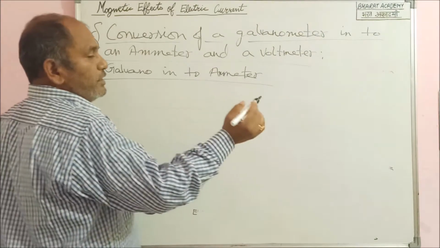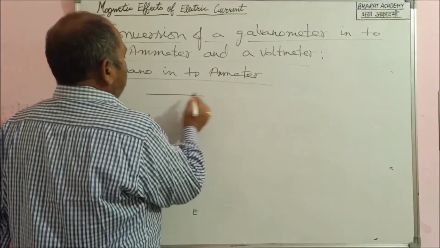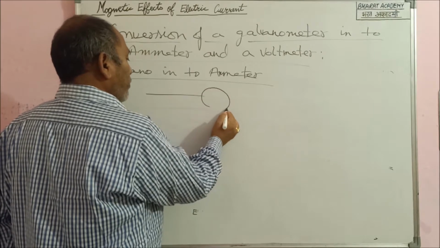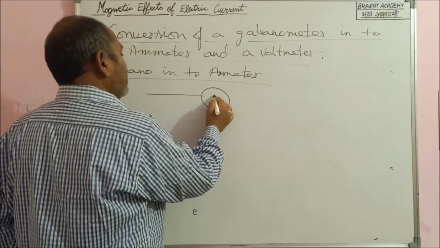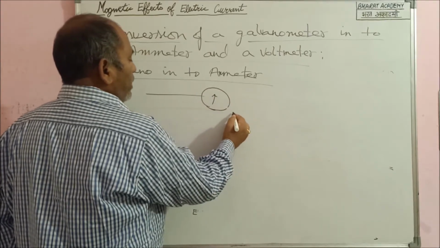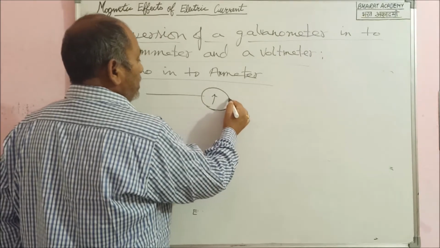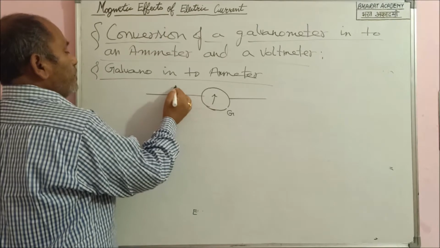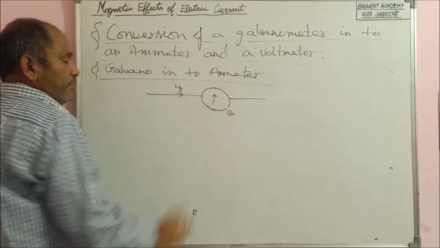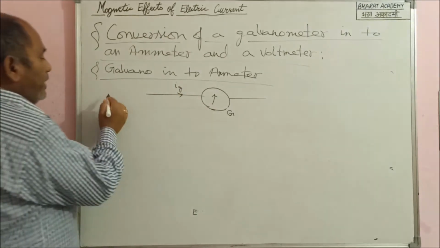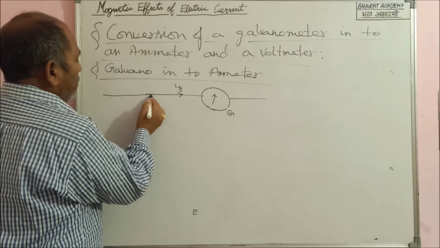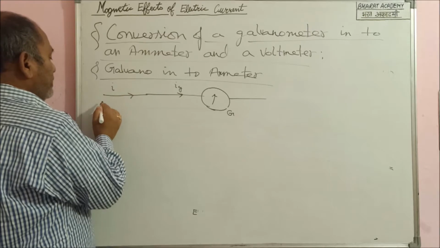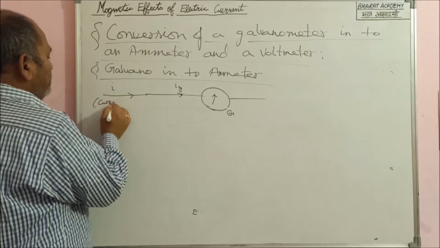I am not going to convert G into A, but I will use some method so that I can read the current flowing through the circuit. This is the symbol for galvano, G is its resistance, and it allows only a small amount of current, let it be Ig. But my aim is to use it as an ammeter, means I have to read the current. I is the current to be measured.